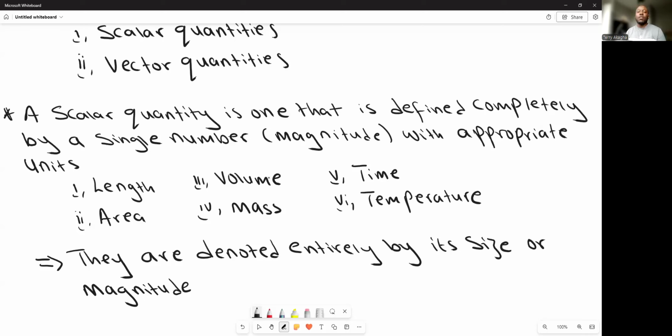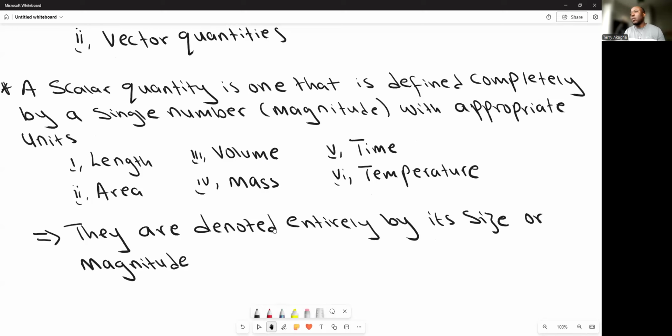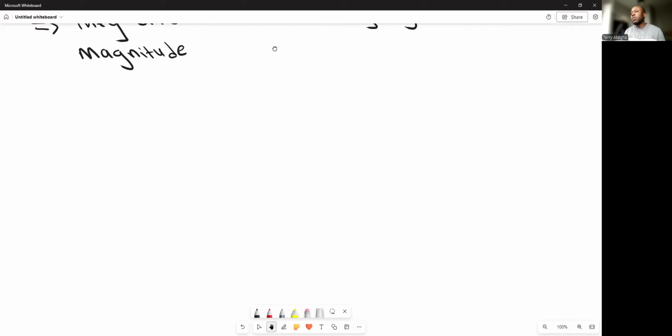So that is that for scalar quantity. Now, let's quickly move to the next one, vector quantity.